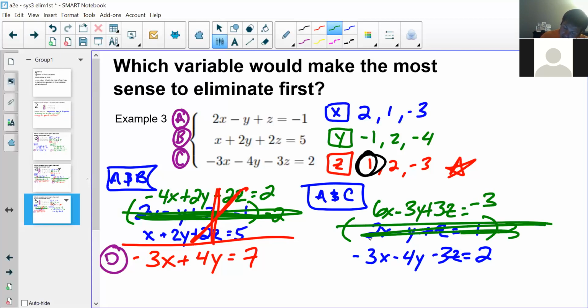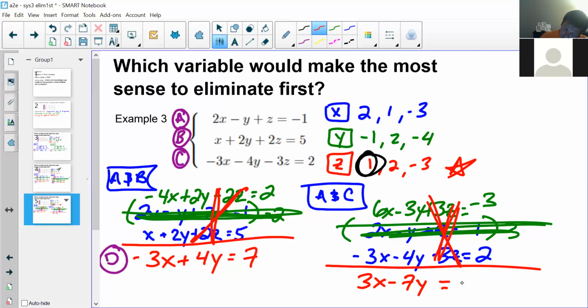I'm going to cross that out to let myself know I'm done with it. Add up: 3x, -7y, and 3z minus 3z would be 0z. I'm eliminating the z's here. -3 plus 2 would be -1. I've created that new equation with the z's eliminated, so I'm going to label it E.